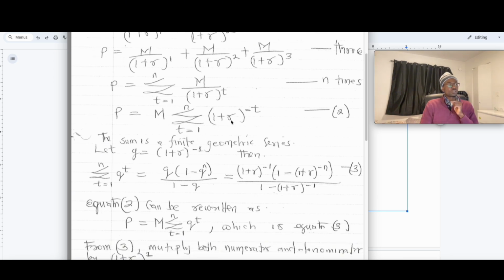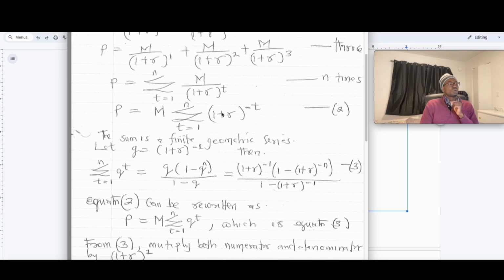This is a finite sum in this case, because we are saying from t equals 1 to n, it is a finite geometric series. In geometric series, it can be finite, it can be infinite. So this is a finite geometric series. That is, we know the upper bound, and you are going to stop at a point in time. That is when you stop paying the mortgage.